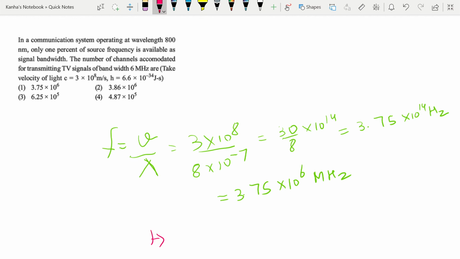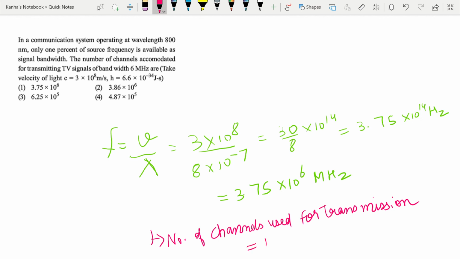Now you should note that the number of channels accommodated for transmission is equal to the bandwidth of the channel divided by the bandwidth that is required for each channel.